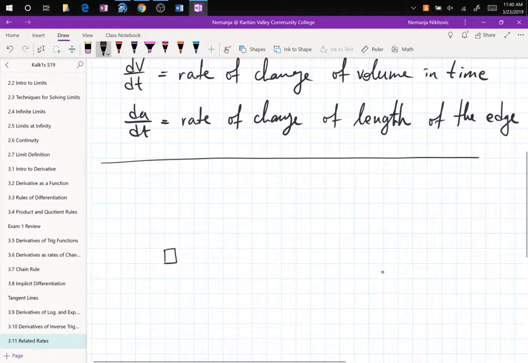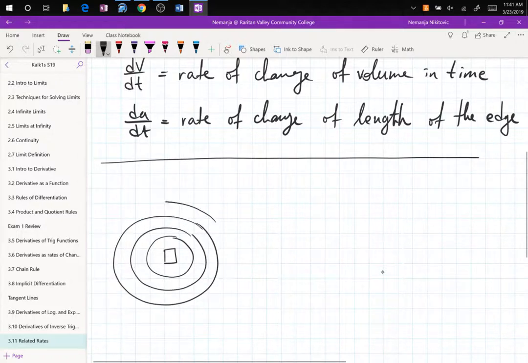So when the oil spills, it propagates around the oil rig, making the circle of polluted water bigger and bigger and bigger.